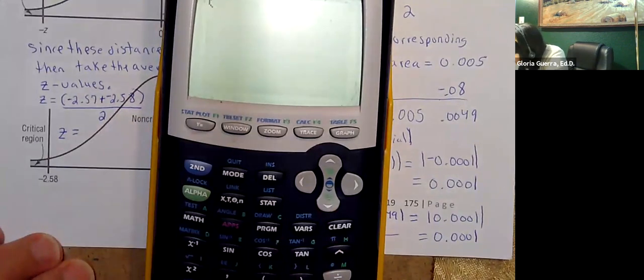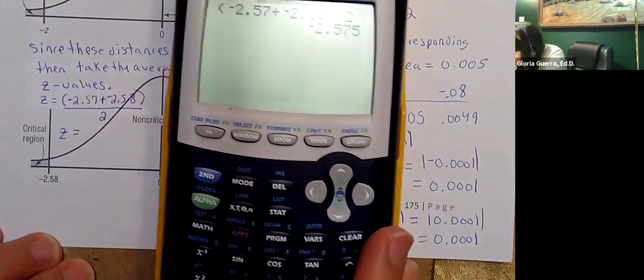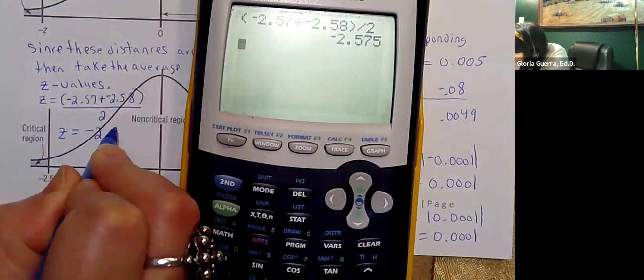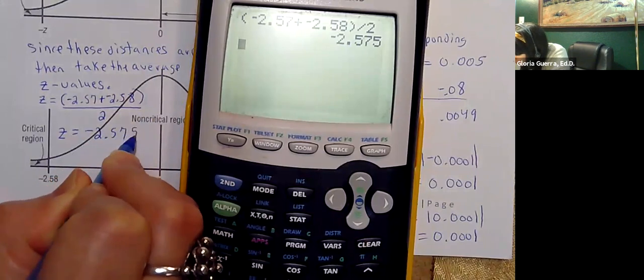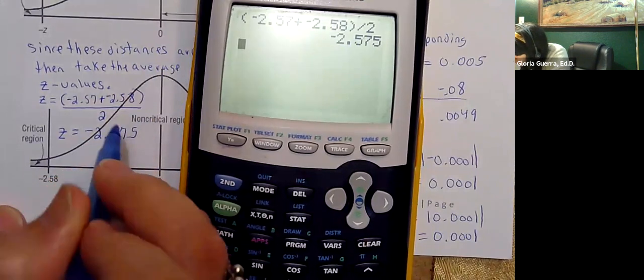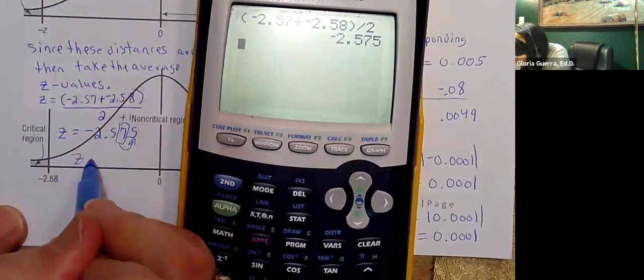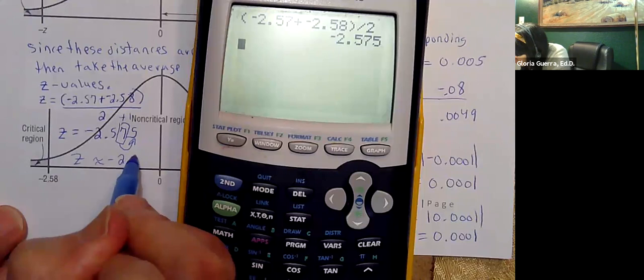Parentheses, negative 2.57 plus negative 2.58, and then divided by 2. It's negative 2.575. And when you round that to the nearest hundredths, is that 5 or more? Yeah, so add 1. So that's about negative 2.58.